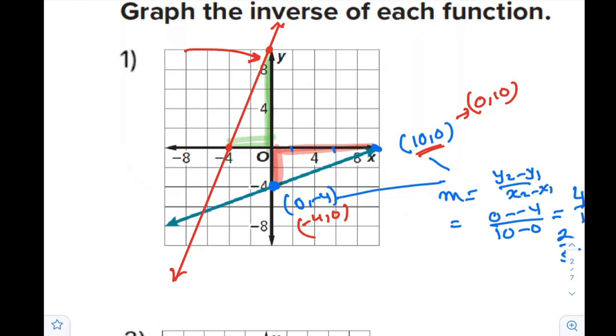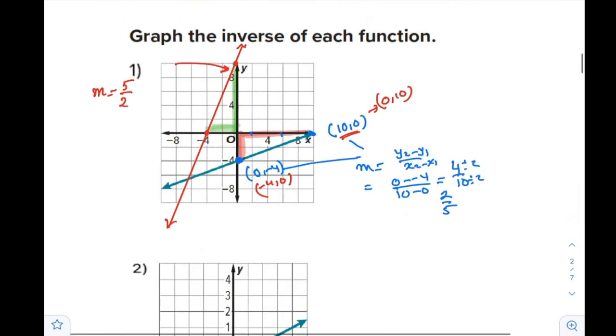Or you can also use the slope formula. So your slope here is also 5 over 2. Compare the first original function, whose graph had a slope of 2 over 5, with the inverse, 5 over 2. As you see, they are exactly reciprocals.